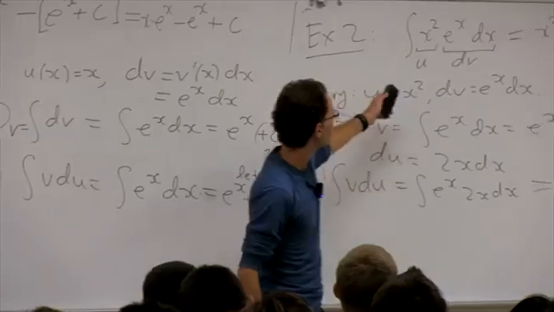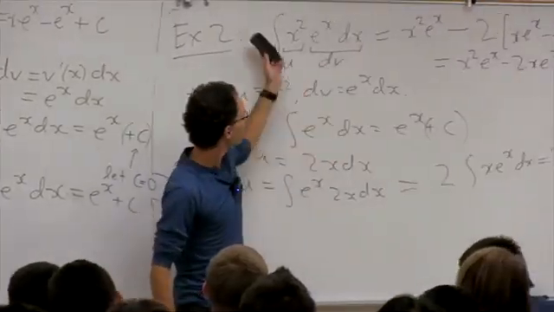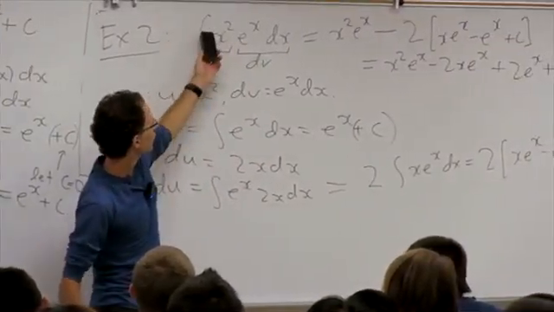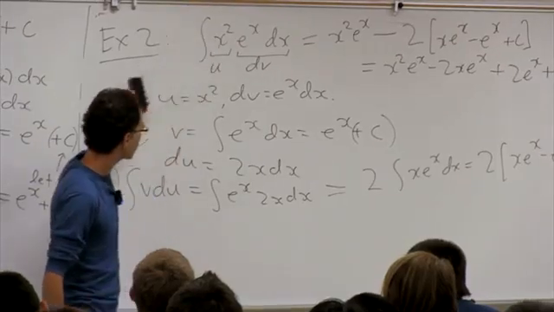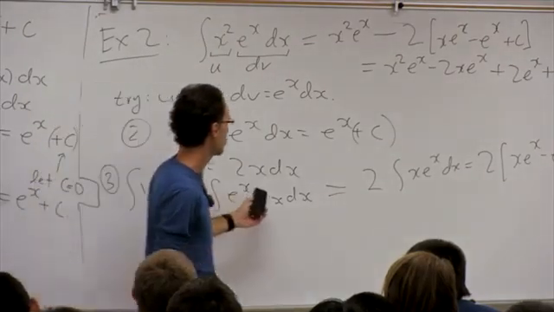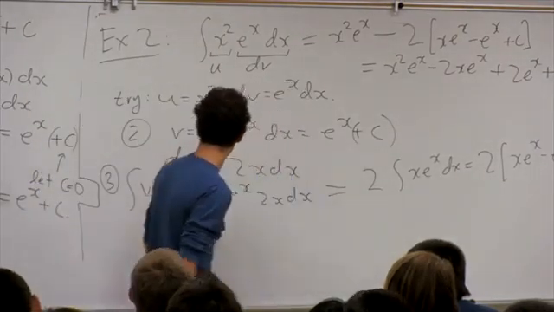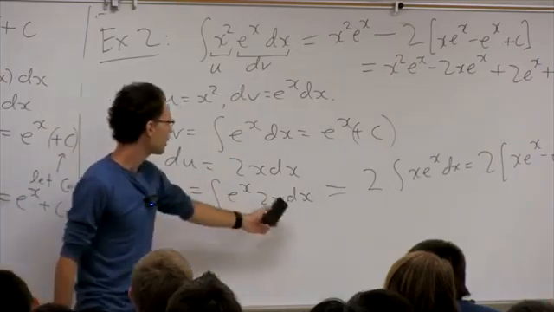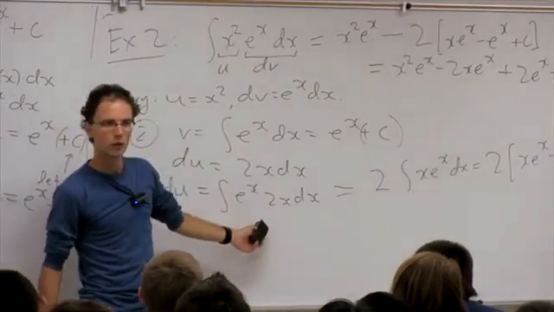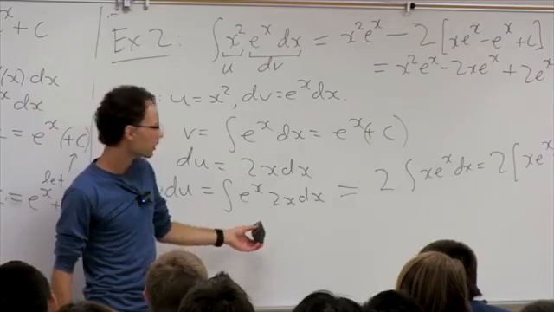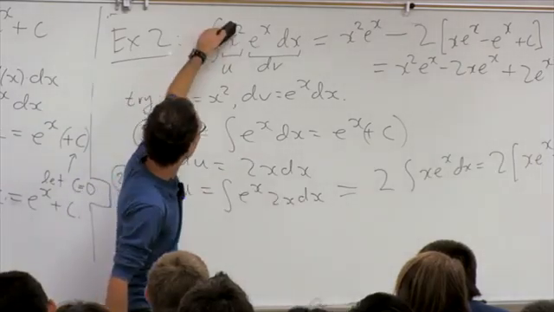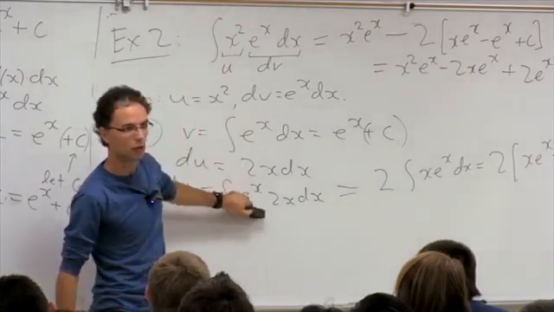So one moral here is that if you, for instance, started with this example, or you're given an integral such as this one, and you did the first integration by parts, and you got to computing this integral of v du, and you're like, oh wait, I don't know how to do this. Well, the moral is, don't stop there. This is something you already can see. The power of x dropped by 1 when I got to this integral.